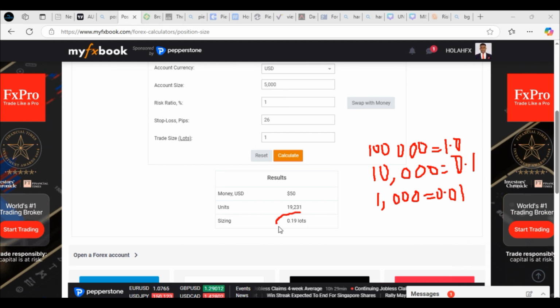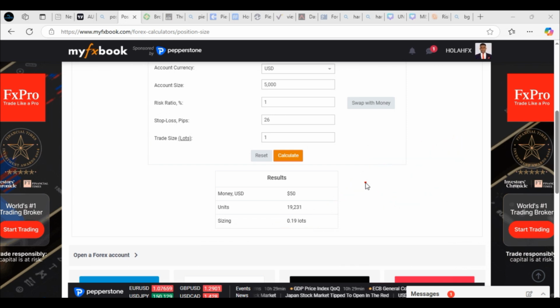But look at 0.19. What category does it fall into? 0.1 to 0.9 is a mini lot, and this is 0.19, which is still part of mini lot.